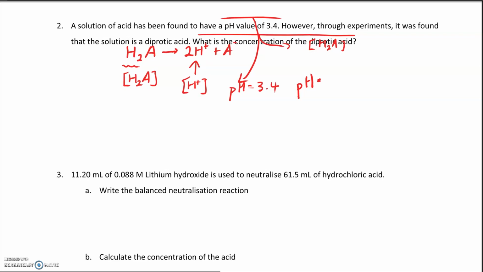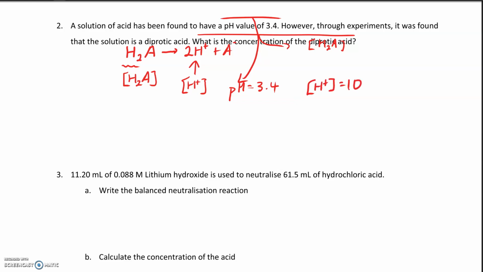The concentration of hydrogen ion equals 10 to the power of negative pH. All right, that's how we get our hydrogen ion concentration. So we can just simply plug in our pH value right here. So the concentration of the hydrogen ion can come down to 10 to the negative 3.4.